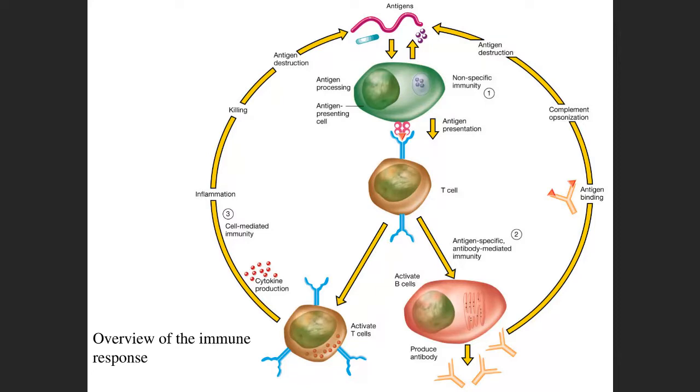So if you have the cell and then exposed to antigen, so you have proteins or bacteria or virus, and they are all captured by this APC, the antigen presenting cell, which we also know as the macrophage, or any cell that can actually capture the bacteria or foreign protein, right?